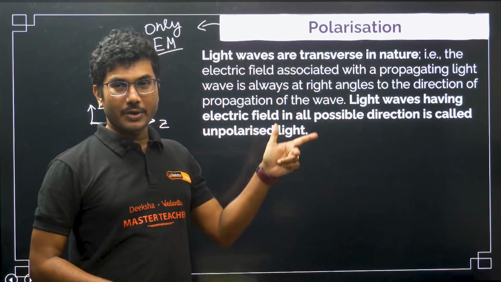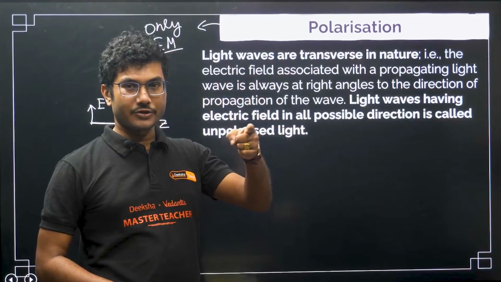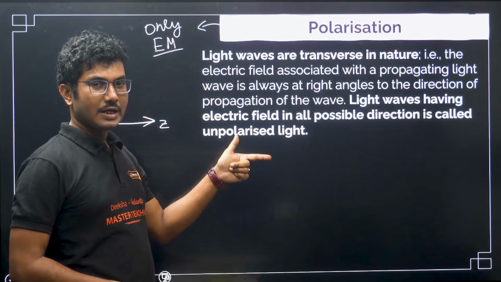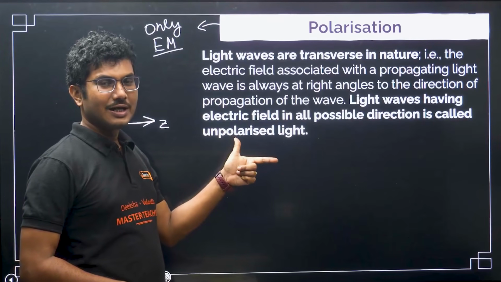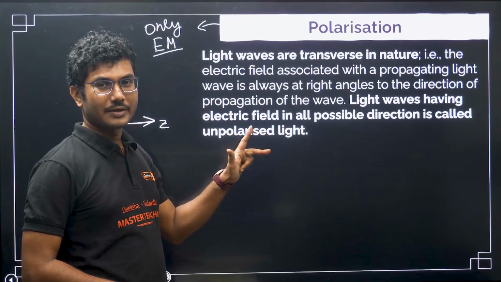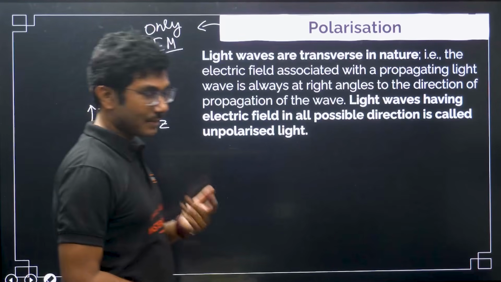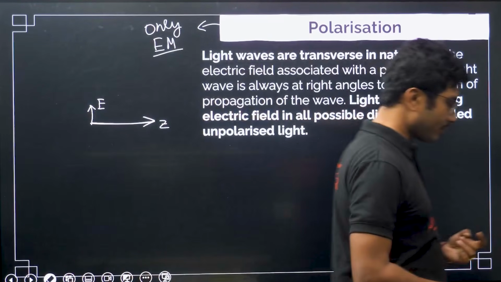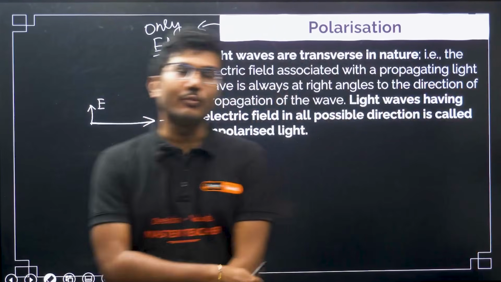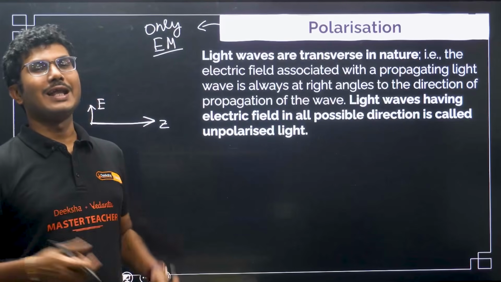This is the propagation of light, this thumb; suppose this is the electric field, then the other finger will point towards the magnetic field, right, clear. But the magnitude of magnetic field is very small, so we do not consider magnetic field, only electric field is sufficient to describe any light.